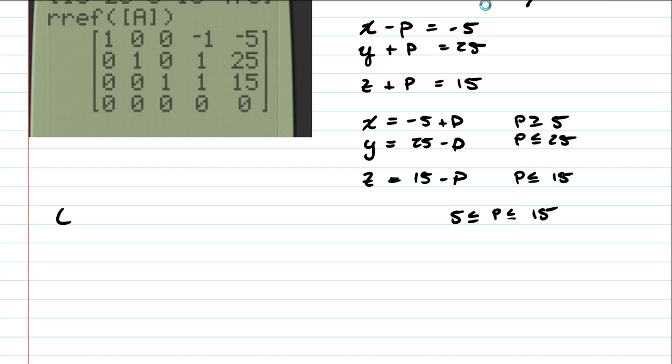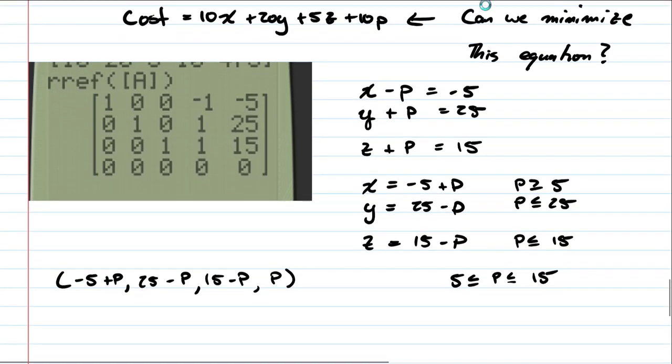Writing out our solution, we have negative 5 plus p, we have 25 minus p, we have 15 minus p, and then we have p equals p. And then we have our cost equation.